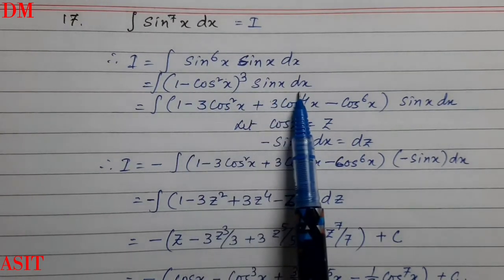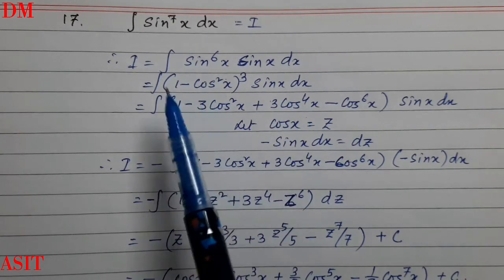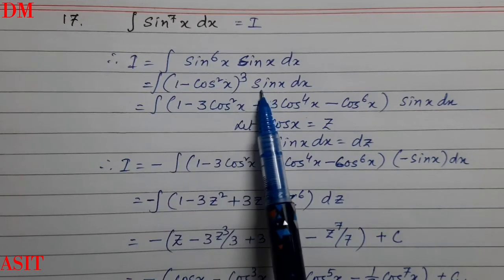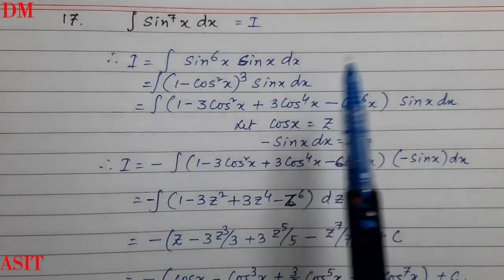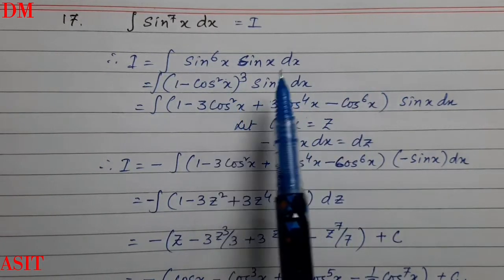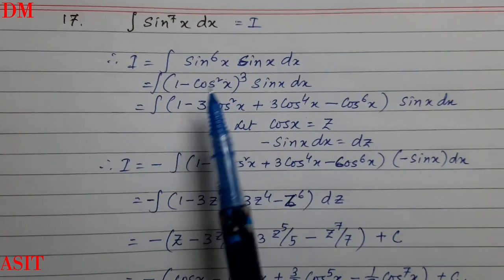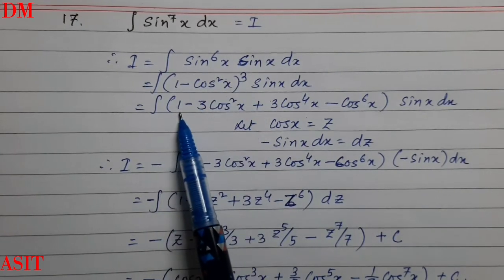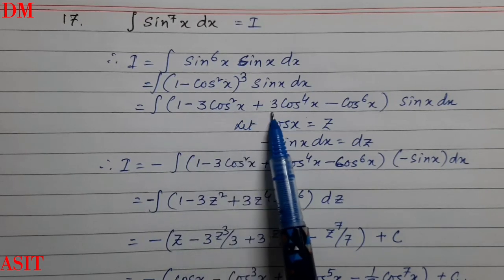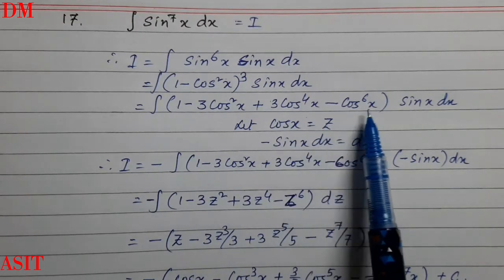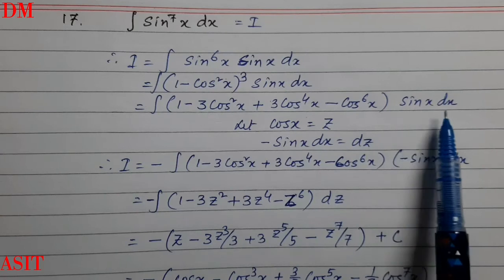Now it is very easy, you can understand what you have to do. You have to consider cos x as z, so minus sine x dx will be dz. Before doing that, I have simplified this whole cube, so it will be 1 minus 3 cos square x plus 3 cos to the power 4x minus cos to the power 6x into sine x dx.